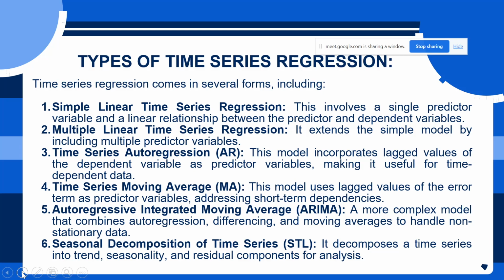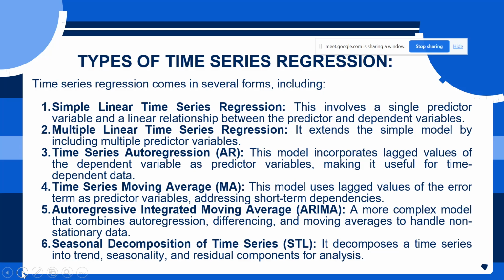Next regression is the time series autoregression. An autoregression model is a linear regression model in which the dependent variable is regressed on its own lag values. That means the current value of the dependent variable is regressed on its values from 1, 2, 3 or more time periods in the past.